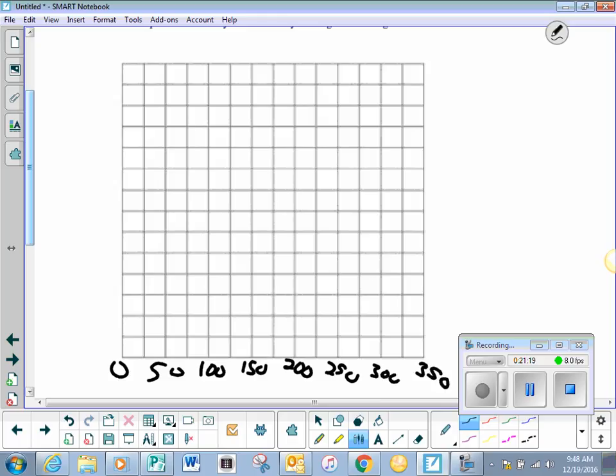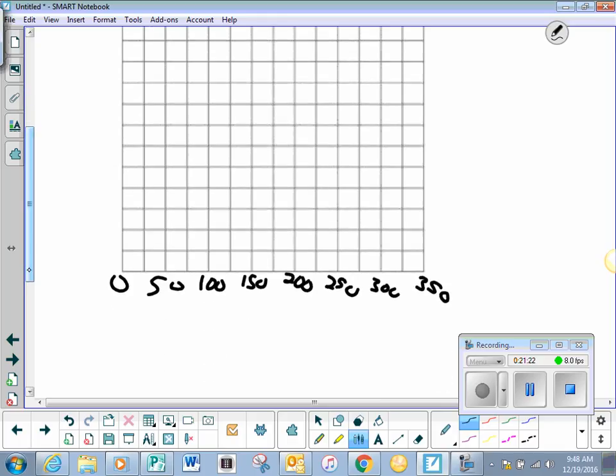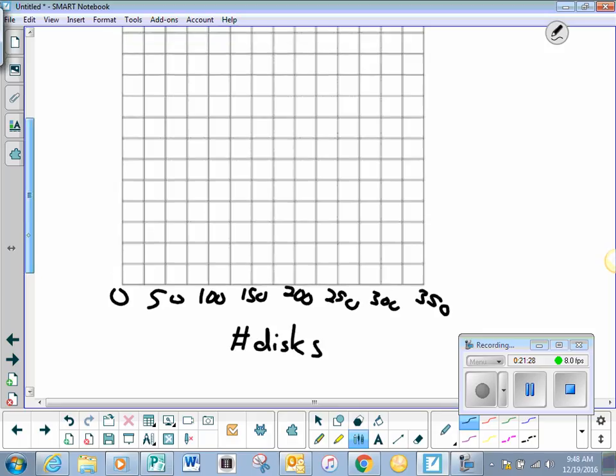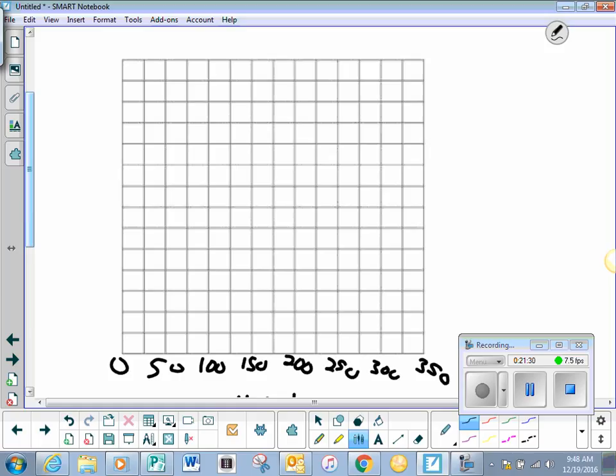Okay, so X was the number of discs, and Y was the amount of money. And we needed to go up to 4,200. How did I know we needed to go up to 4,200?